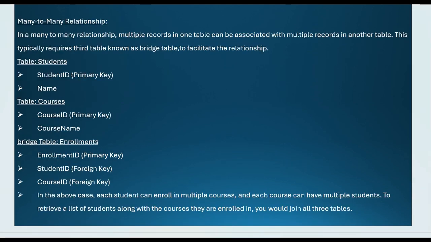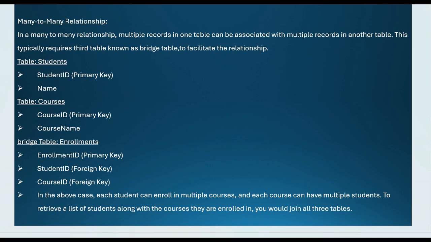Next is many to many, like many views and many likes. In a many to many relationship, here you can see the student and course enrollments tables, three tables. Multiple records in one table can be associated with multiple records in another table. This typically requires a table known as a bridge table to facilitate the relationship.